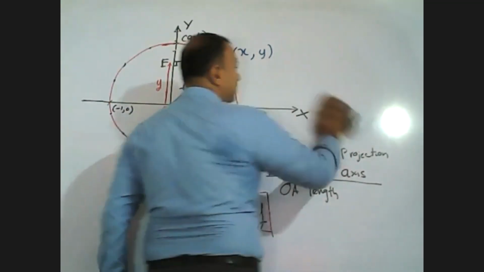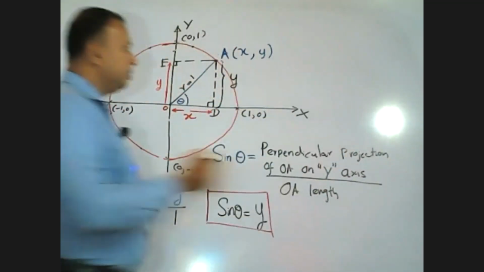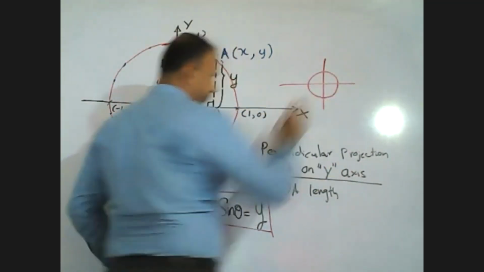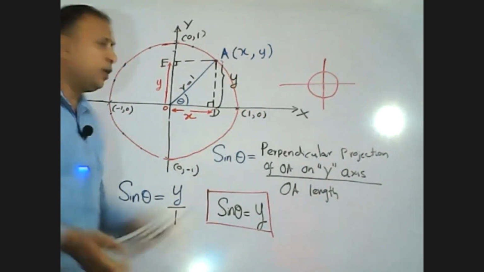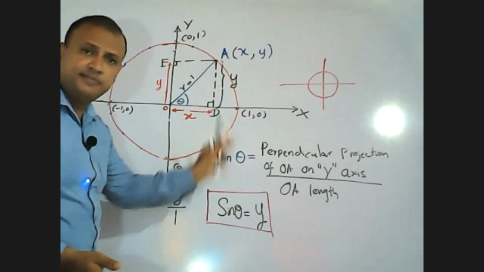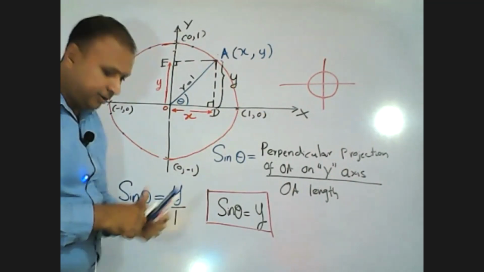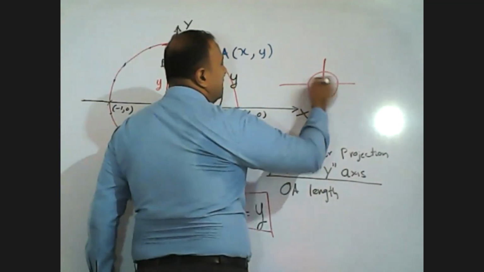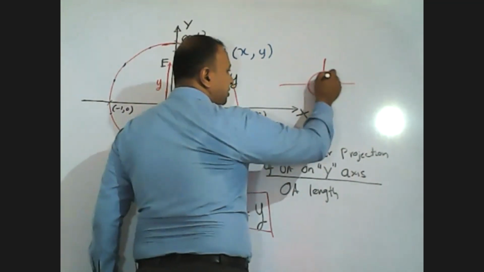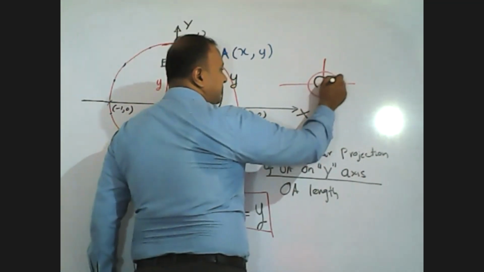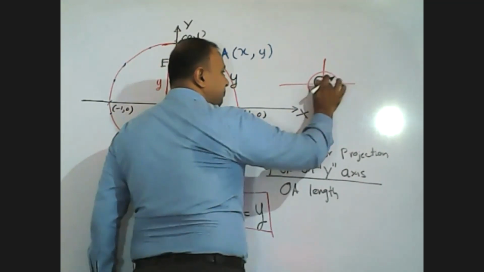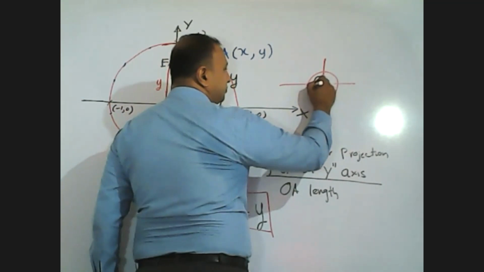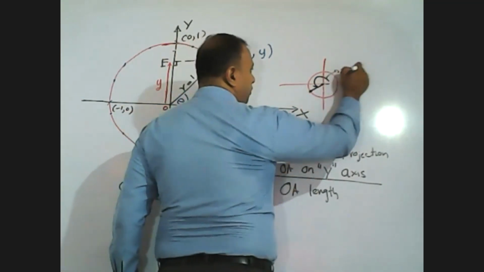Suppose this is a unit circle and you have rotated this line segment by 240 degrees. 240 is in the third quadrant.